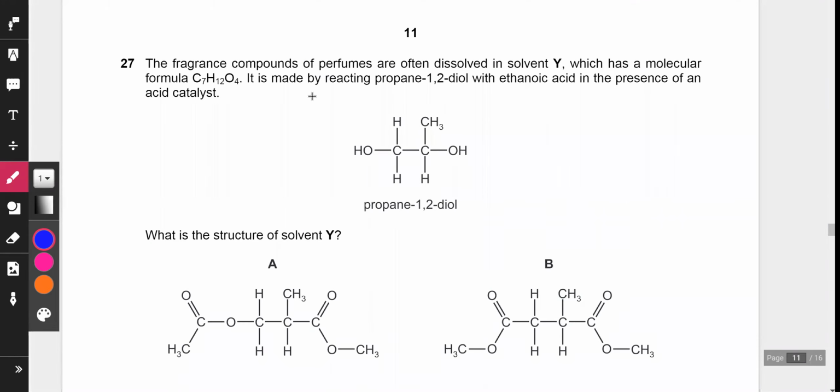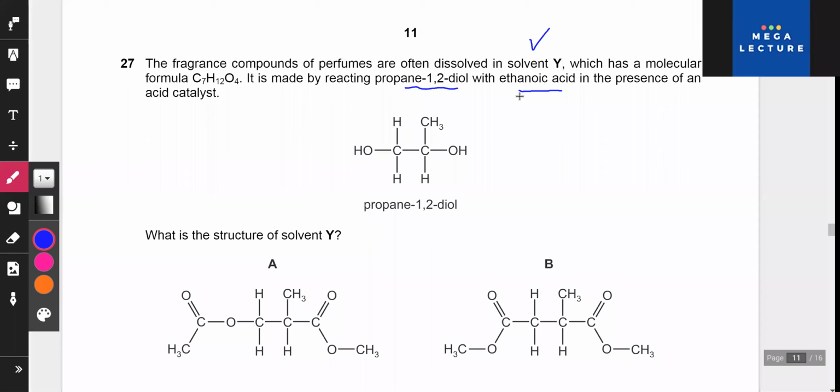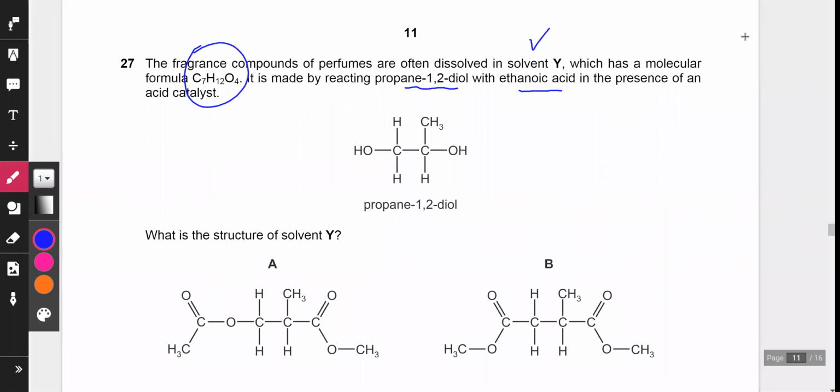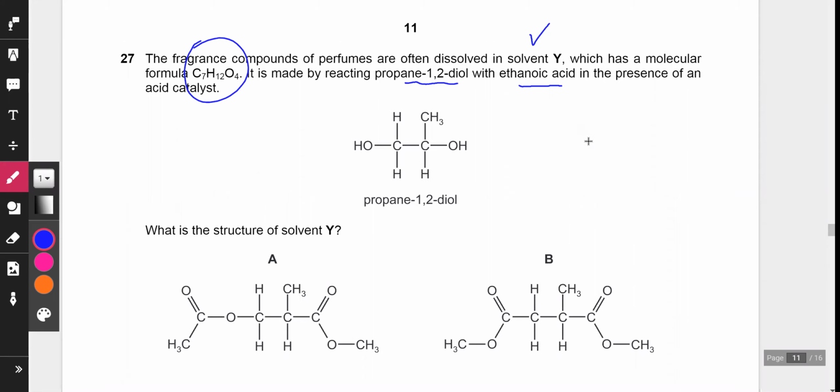It is made by reacting propane-1,2-diol, which is this one, with ethanoic acid in the presence of an acid catalyst. So you're basically making an ester, an alcohol reacting with ethanoic acid, and that's how you're getting Y. They've provided us with the molecular formula of Y, and we need to figure out the structure of Y.